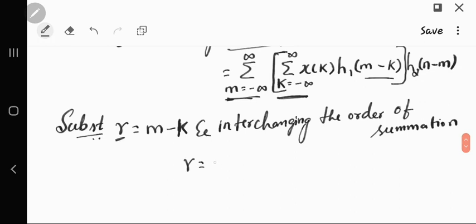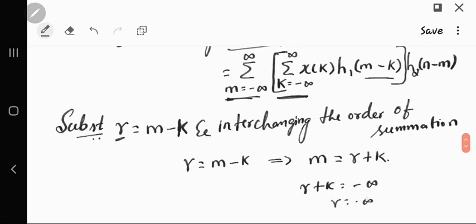Now how it will look like, r is equal to m minus k. So if you take like this, what happens to m? M is equal to r plus k. Okay, so m becomes r plus k, and if you substitute here m is equal to r plus k, r plus k is equal to minus infinity.